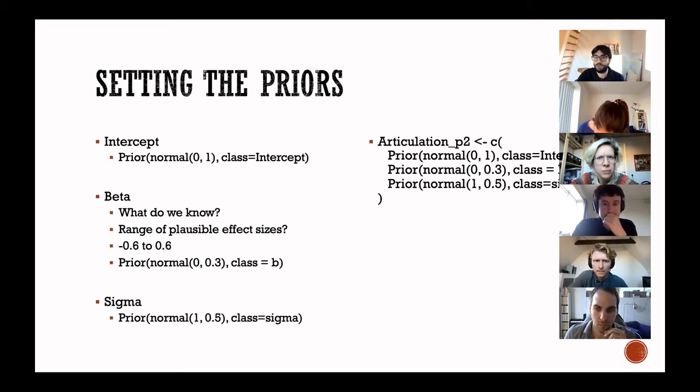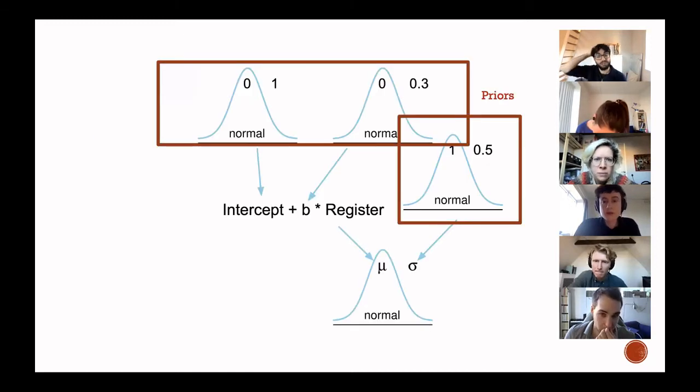All right, so here is how we write it. It's just articulation P2 because it's the prior for the second model. And I should mention that PowerPoint makes the P's big caps, but in the code they should be small. So here is how it looks.